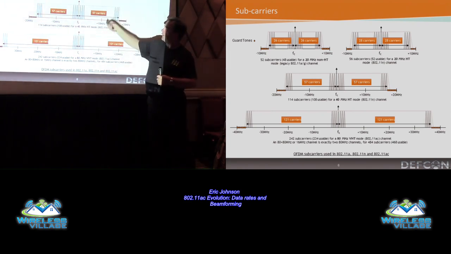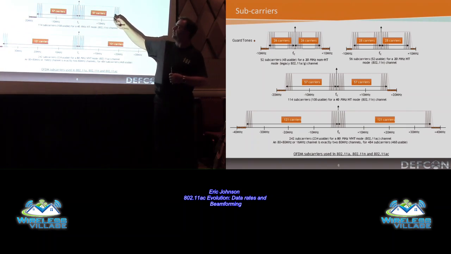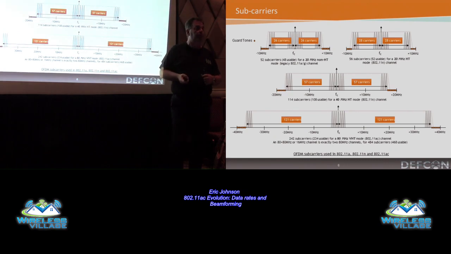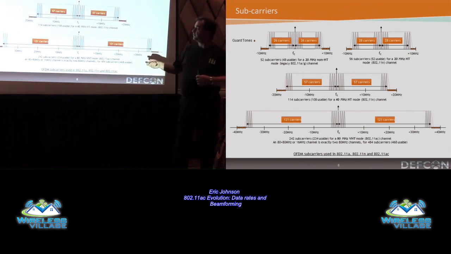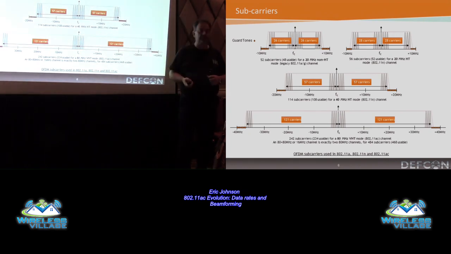You see what we've done here is because we've got a contiguous 40 megahertz channel, we take the guard tones that are on both ends of that and put them back to work. So here it's doubling, but instead of going to 112, I went to 114. Now, because the channel is wider, I need a few more pilots, so I have to give up a few, and I get to 108 usable, so I have 6 pilot tones in this case.